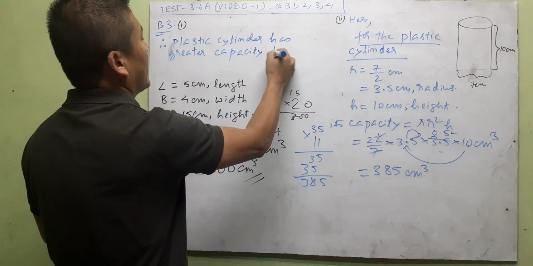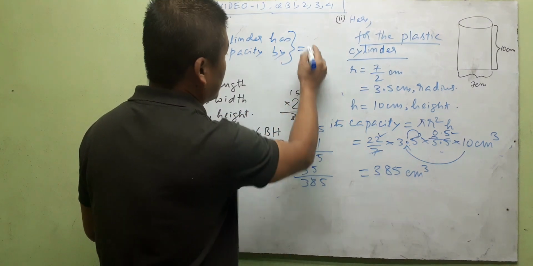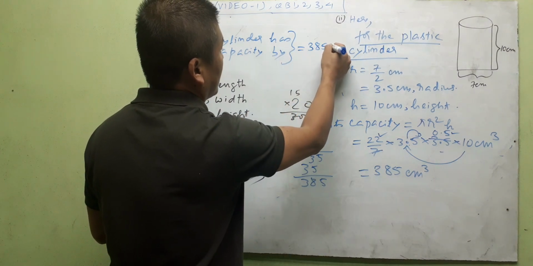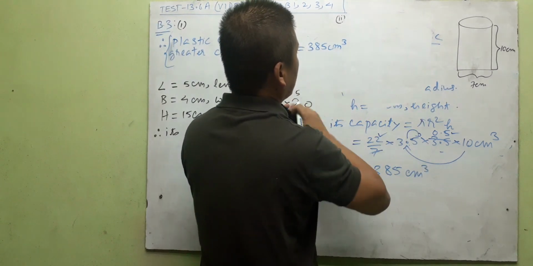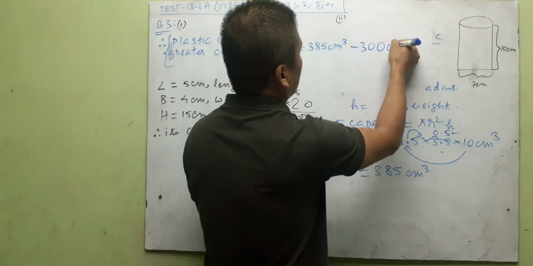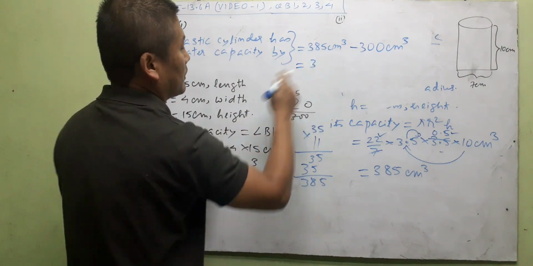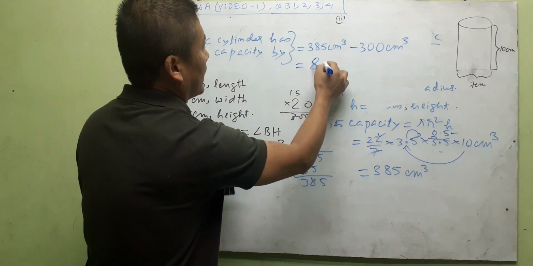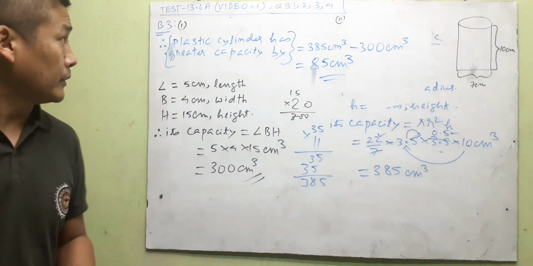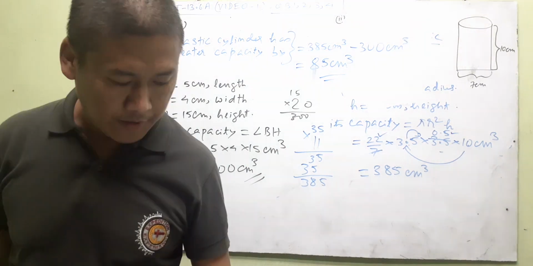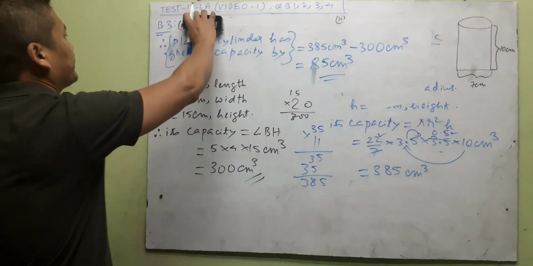So the higher volume, 385 centimeter cube, minus the lower volume, 300 centimeter cube. This minus this is a simple calculation, no need to go to rough work also. I think 85 centimeter cube, that's the capacity by which the cylinder is higher or greater. 85 centimeter cube, so that is B3.